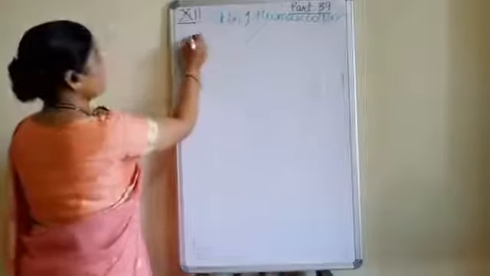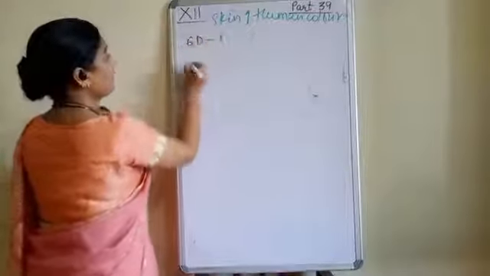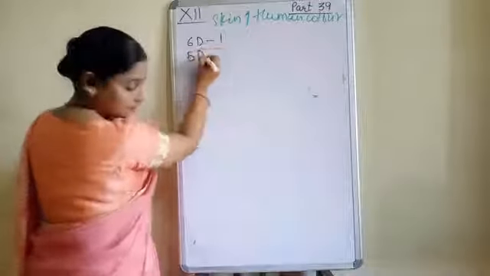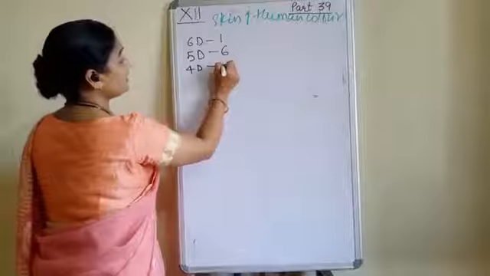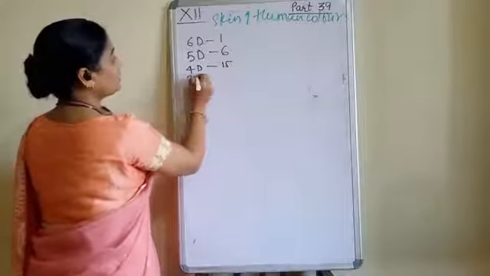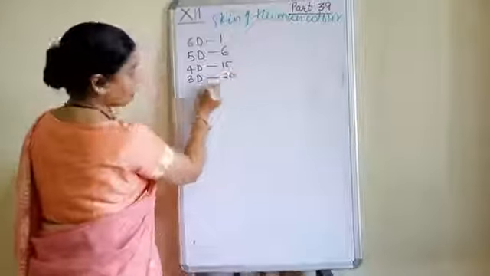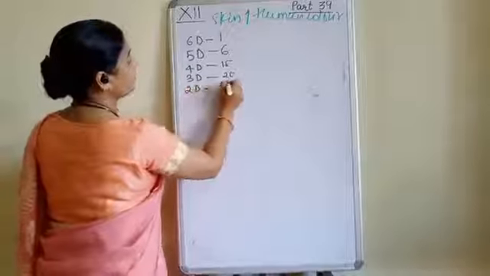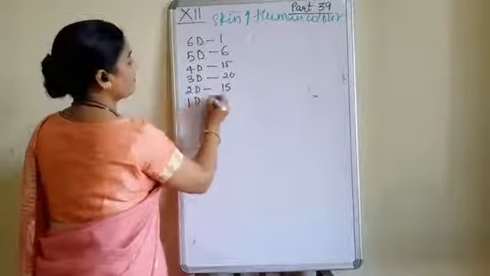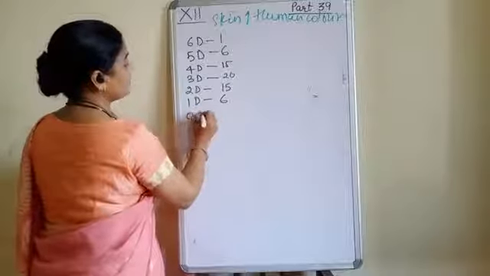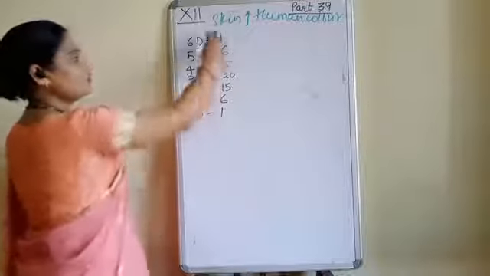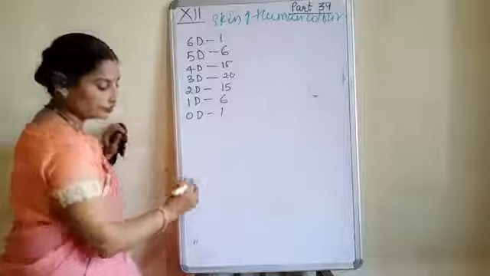Okay, what is the result? 6 dominant 1, 5 dominant 6, 4 dominant 15, 3 dominant 20, 2 dominant 15, 1 dominant 6 and 0 dominant 1. So definitely the graph is almost clear to you.